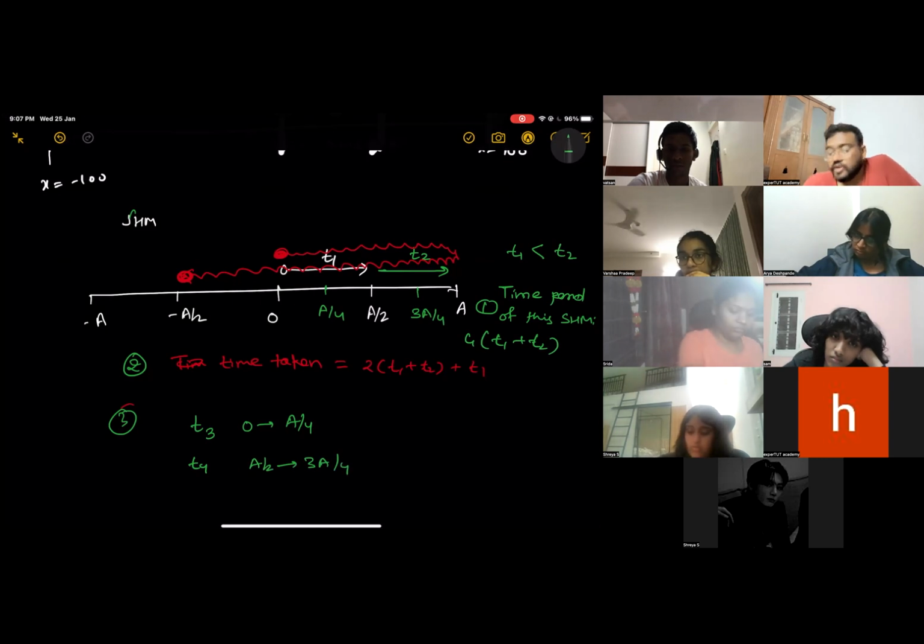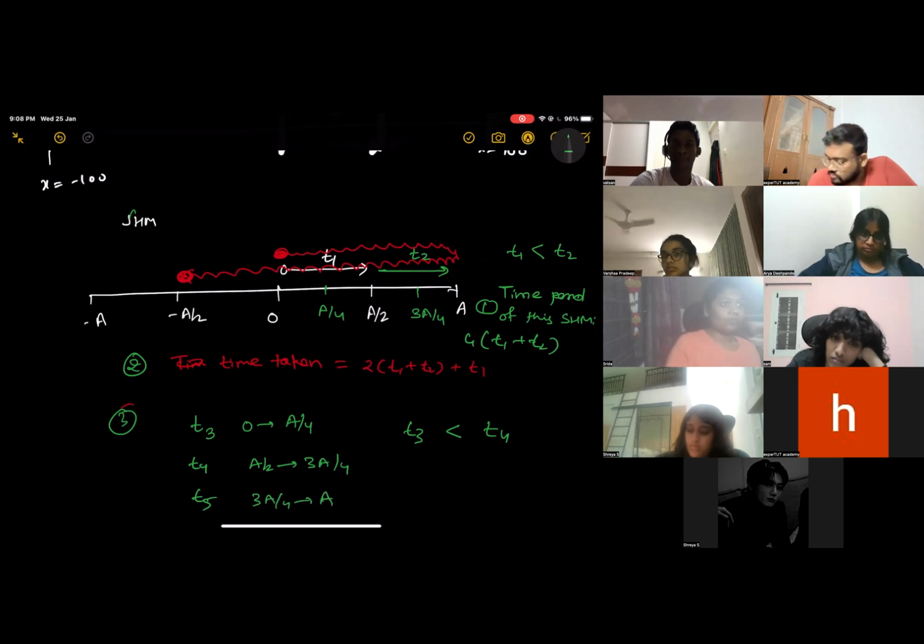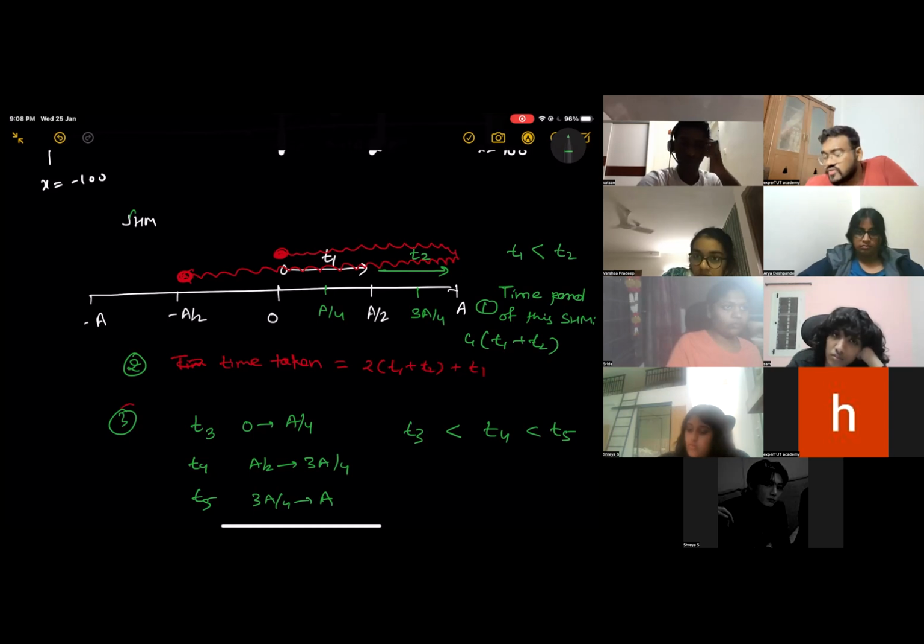Can you put a sign between t3 and t4? Which sign should come between t3 and t4? Less than. Yeah, less than. And if t5 was 3a by 4 to a, then t5 would be still higher. Understood? Every successive journey away from the mean is slower. ठीक है?